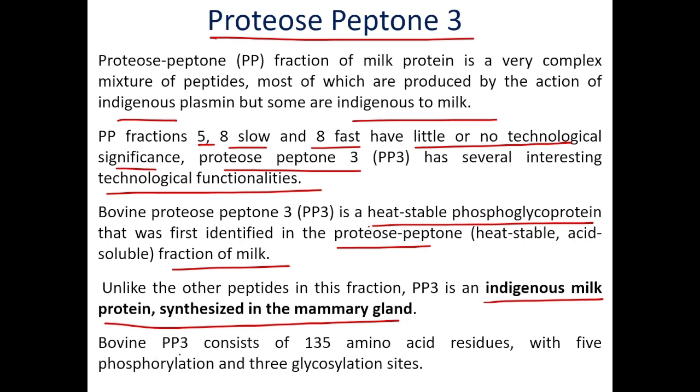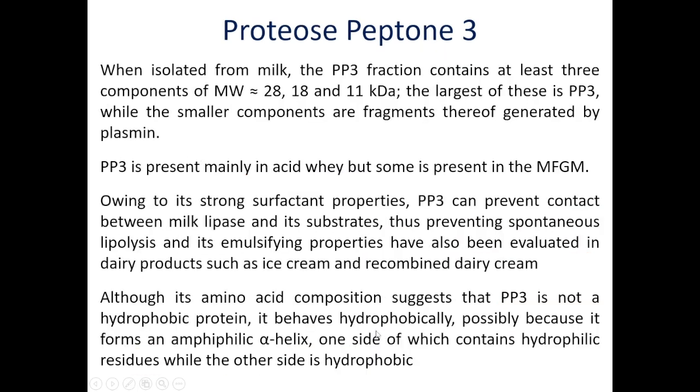Bovine pp3 consists of 135 amino acid residues with 5 phosphorylation and 3 glycosylation sites.